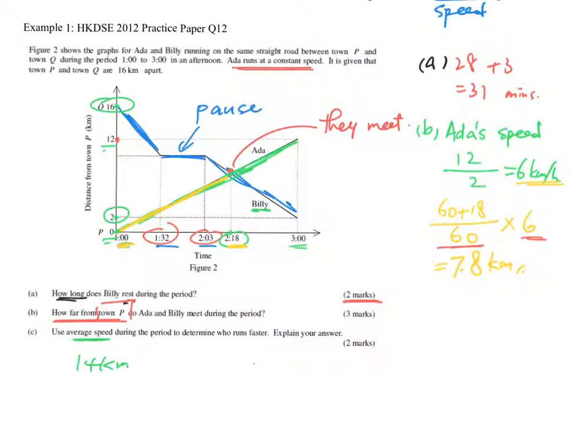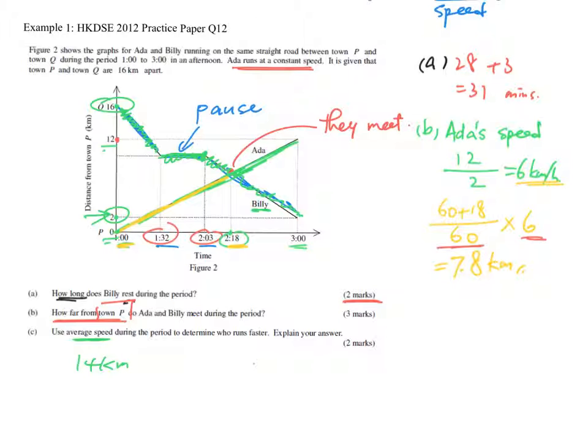Then we also include the time he takes a rest, so that time is counted. He runs from point Q, takes a break, so lazy boy, then runs until 3 o'clock. He reaches a distance 2 km apart from point P.